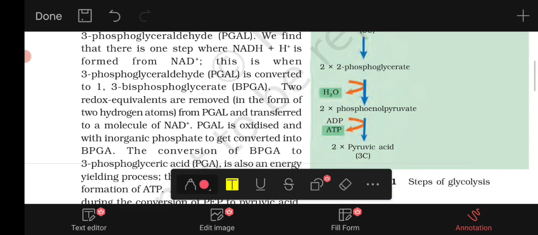Here water is given out, by the enzyme enolase. Then phosphoenol pyruvate is converted into pyruvic acid. Again ATP is synthesized. There are two molecules of PEP and two molecules of pyruvic acid.